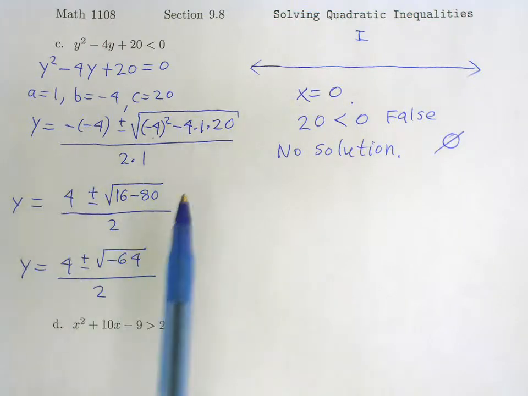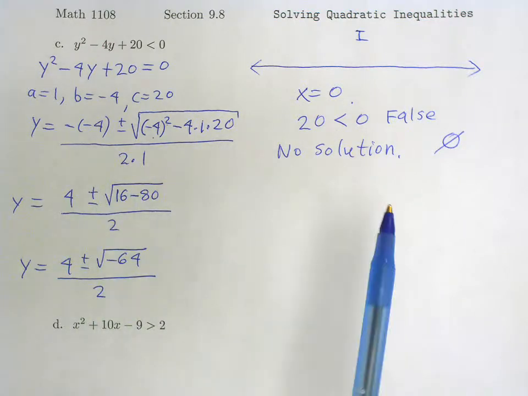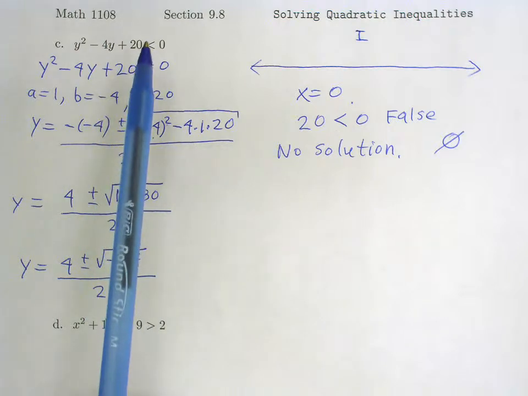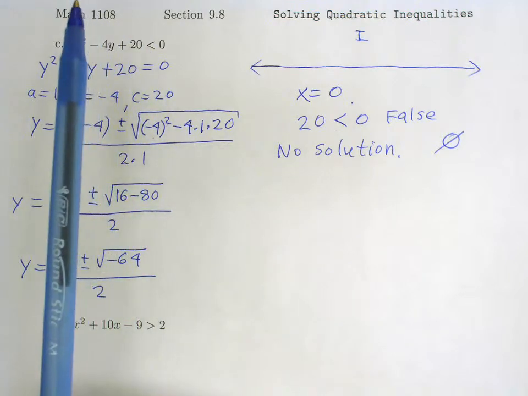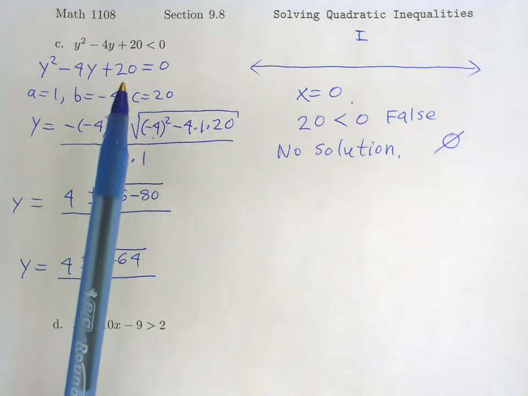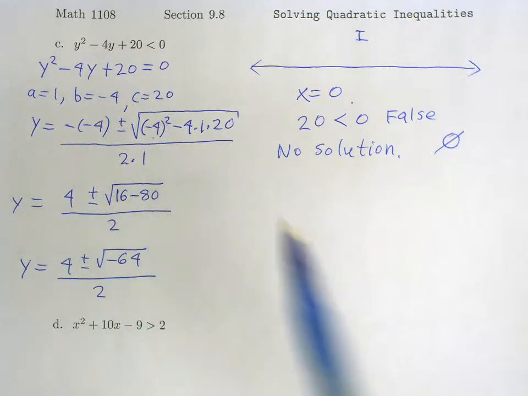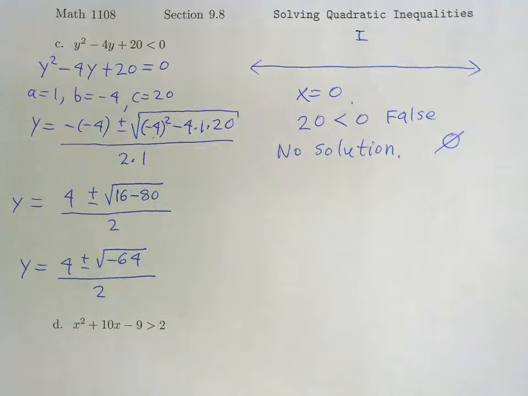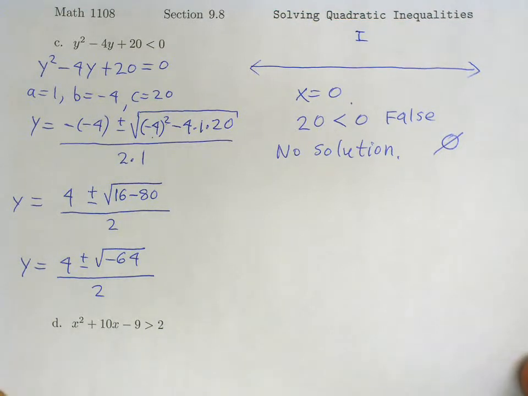In that case, all real numbers would be solutions. And the interval notation for all real numbers is parenthesis negative infinity, comma, infinity, parenthesis. Okay, let's move on to the next example.